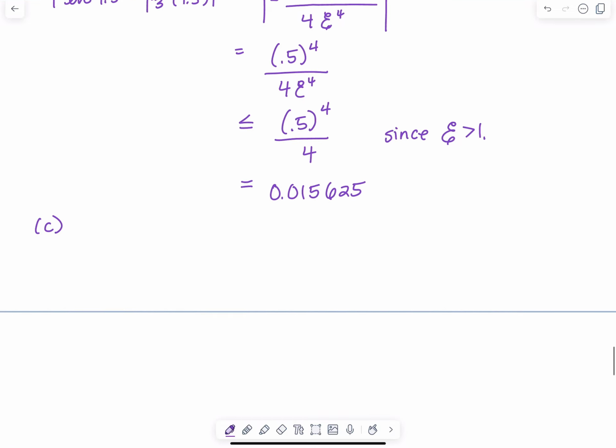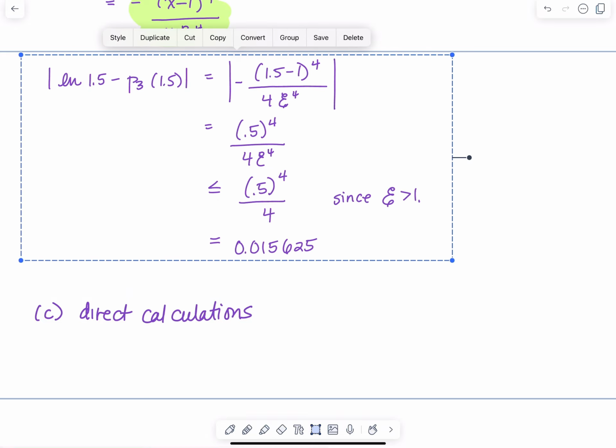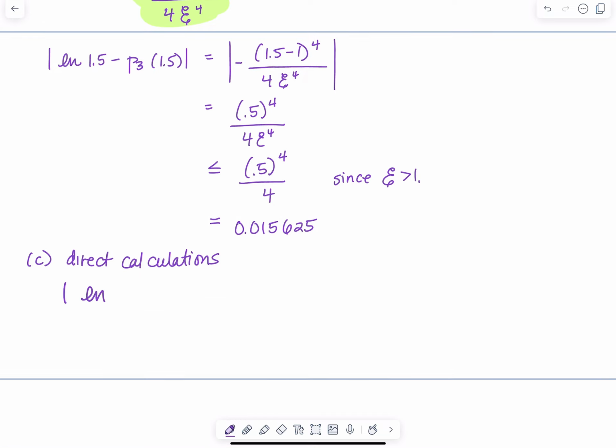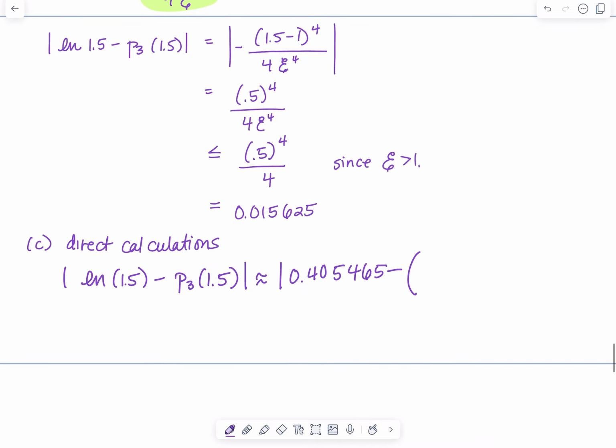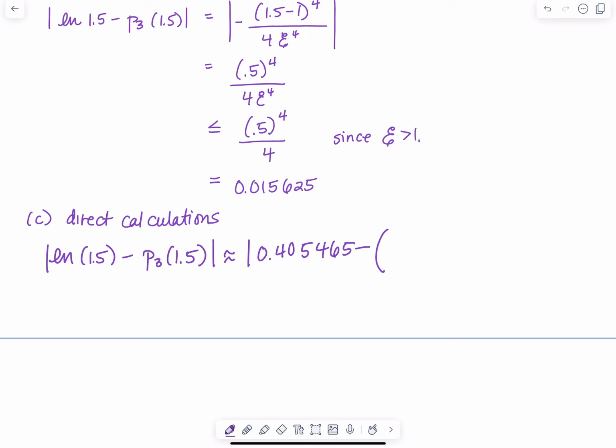So basically what we can do is some direct calculations. We have that the absolute value of the natural log of 1.5 minus our third degree Taylor polynomial that we use to approximate the natural log of x is approximately equal to, and I just put ln of x in the calculator, 0.405465 minus, and here's our third degree Taylor approximation, evaluated at 0.5.